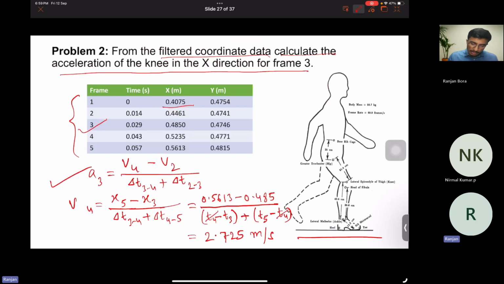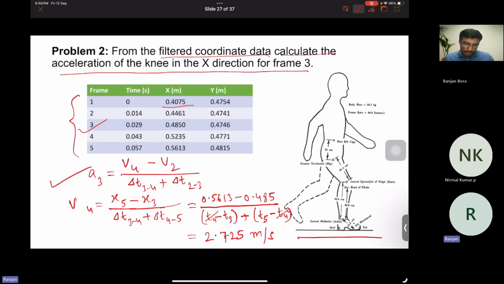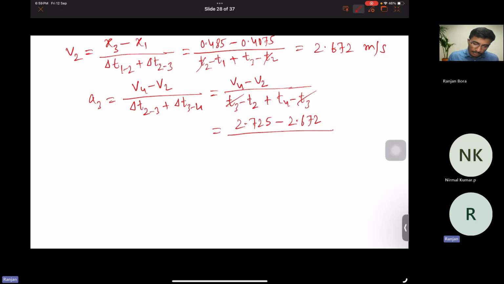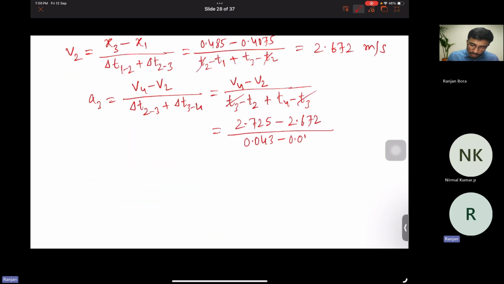Now if we substitute here, V4 was 2.725 minus 2.672, and T4 is 0.043 minus T2, which is 0.014.